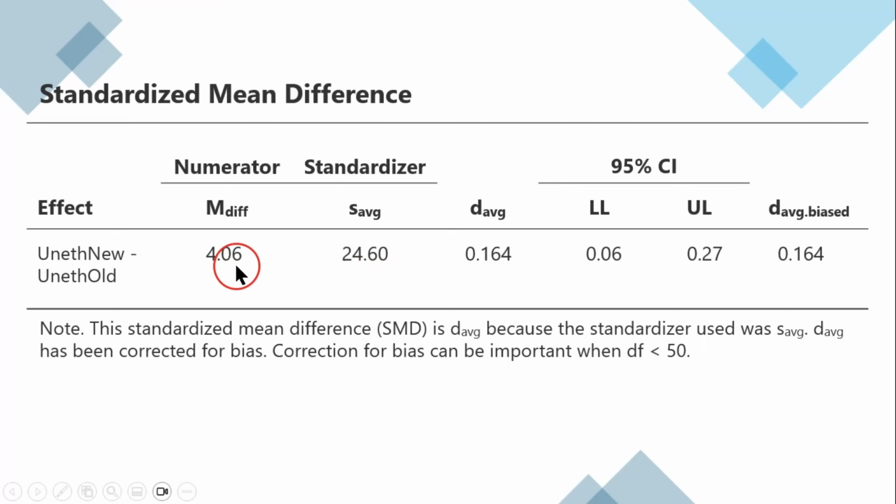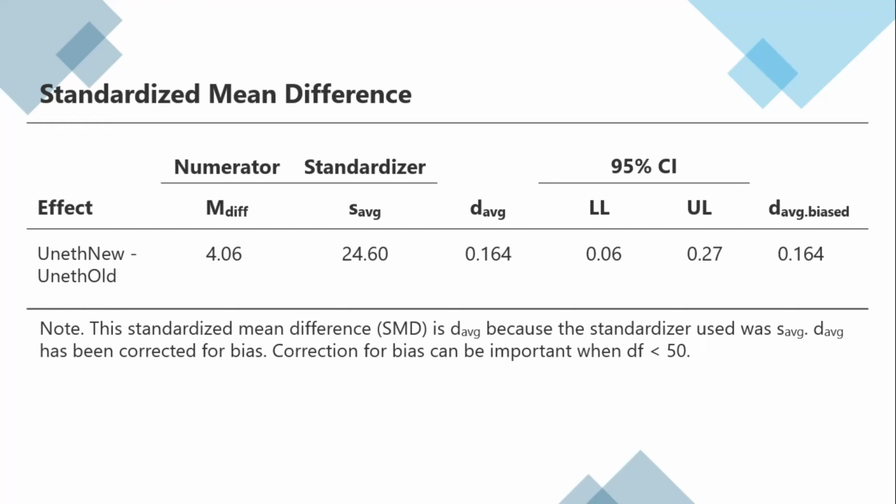So if we take 4.06 divided by 24.6, we get this number right here, 0.16 for the D effect size, okay, or the standardized mean difference. A mean difference that's been standardized by a standard deviation.